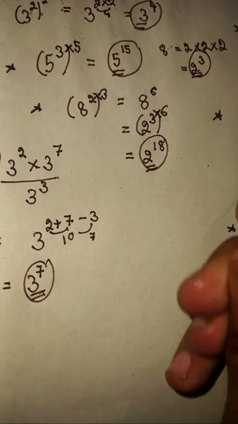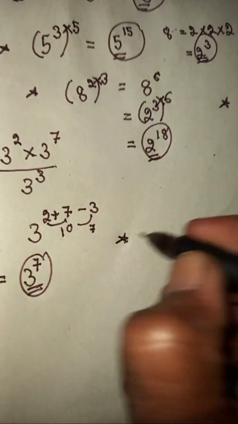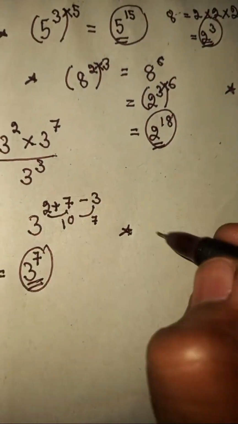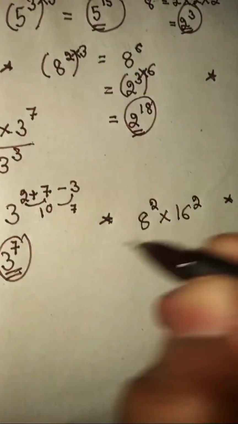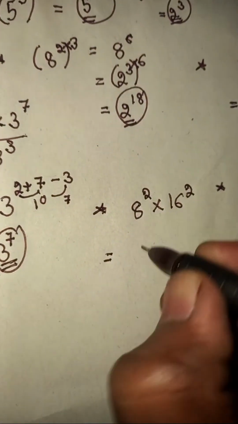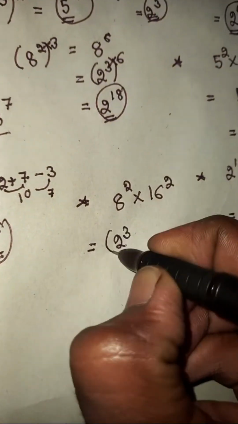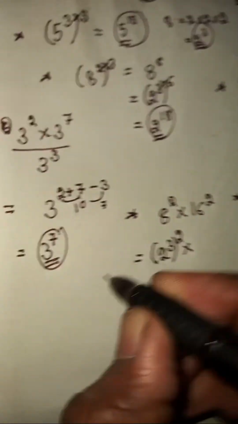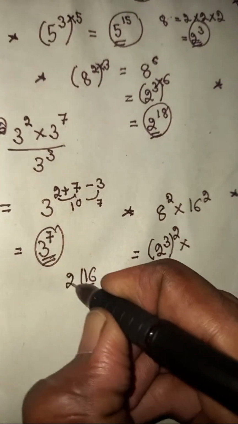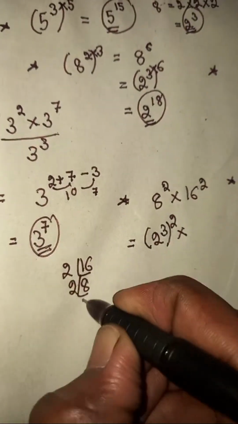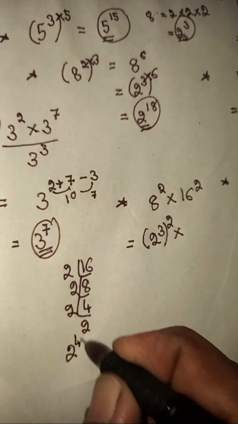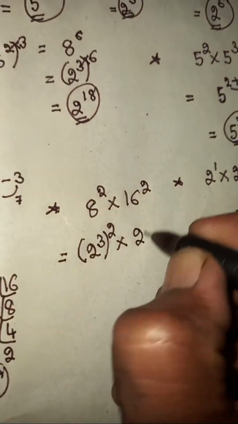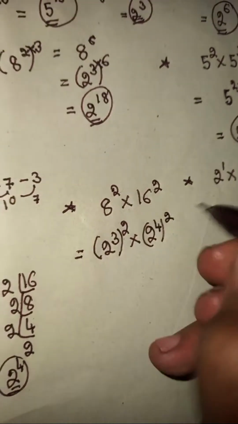I'm going to continue in the next class, after doing the last problem, that is 8 square times 16 square. You need to simplify and write 8 as 2 cube whole square and 16 can be written as 2 times 2 times 2 times 2, which is 2 power of 4, so it is 2 power of 4 whole square.